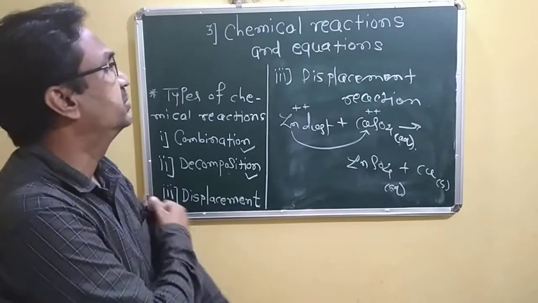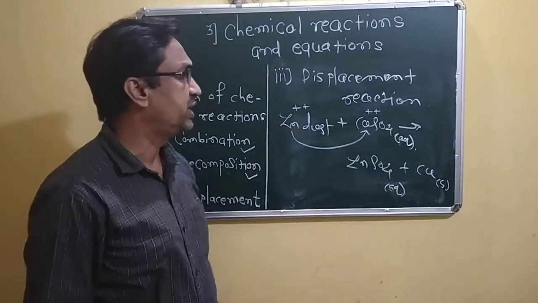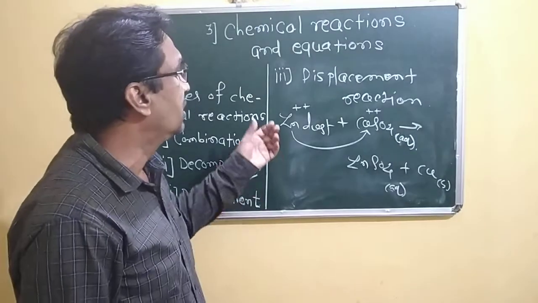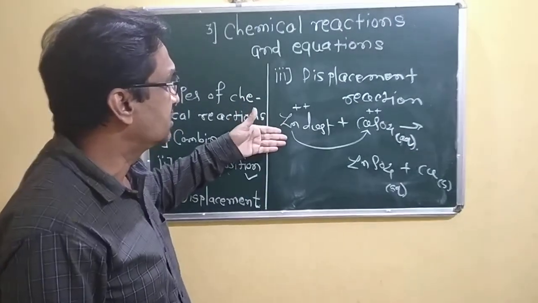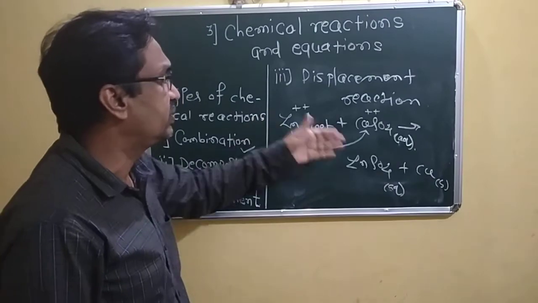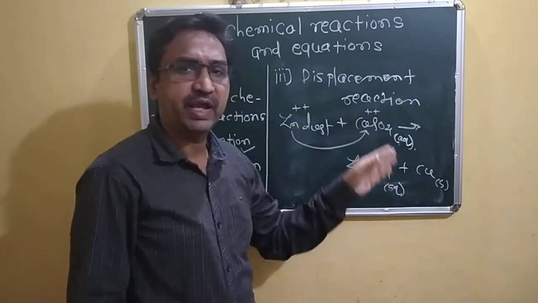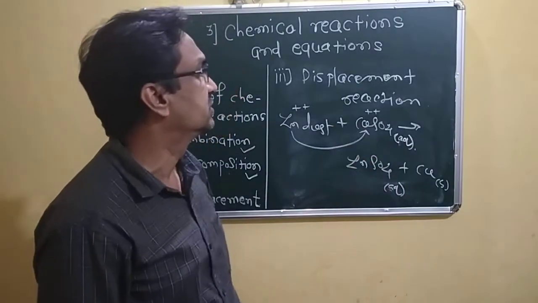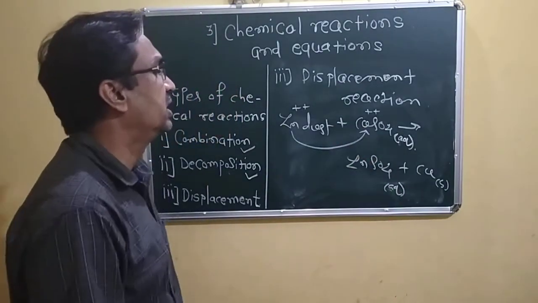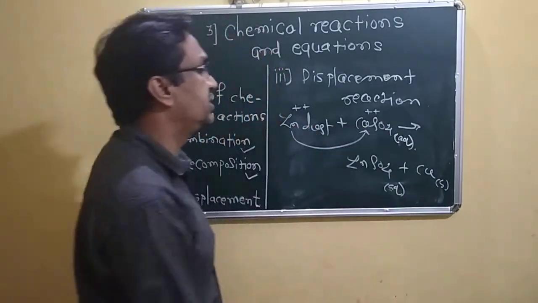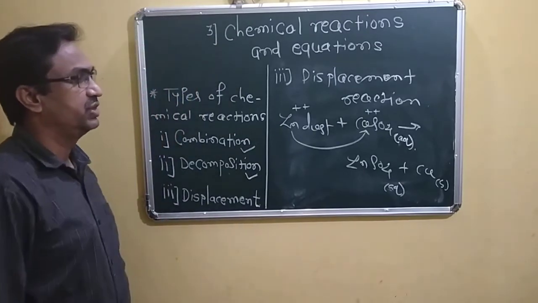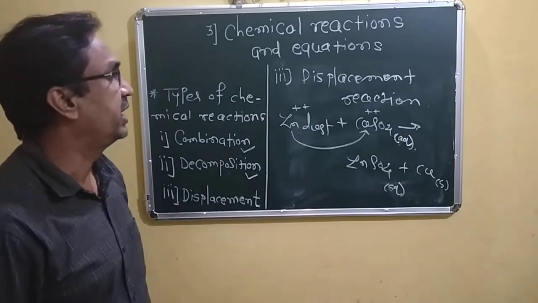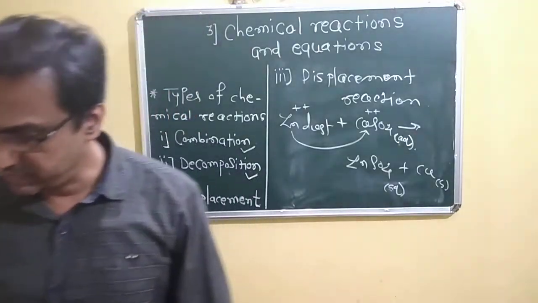What do we see in this reaction? We see that a more reactive element can displace a less reactive element from its compound, and this type of reaction is called a displacement reaction.